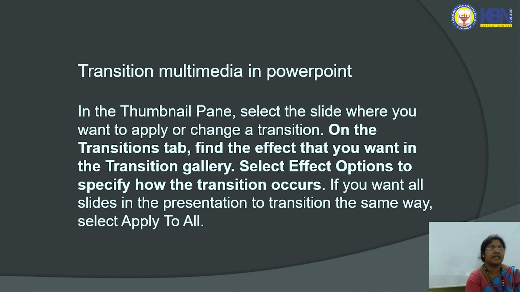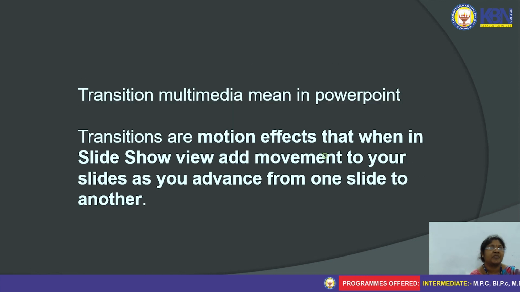If you want the slides in the presentation to transition the same way, select Apply to All. Transitions are effects like blinking or splitting, different transitions. You will apply them from the Transitions tab.